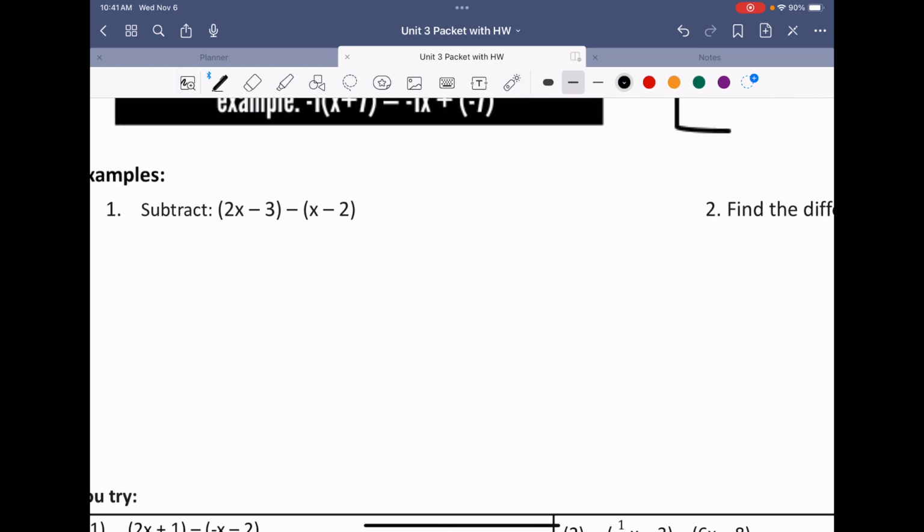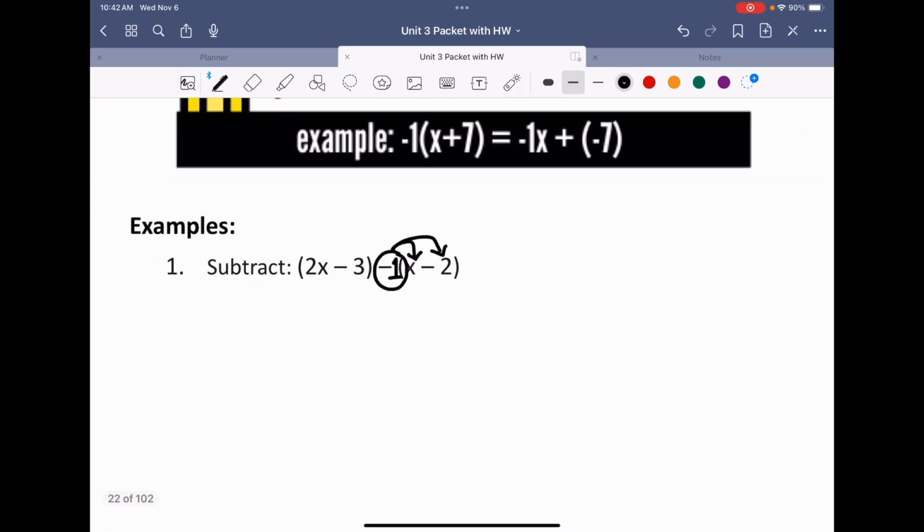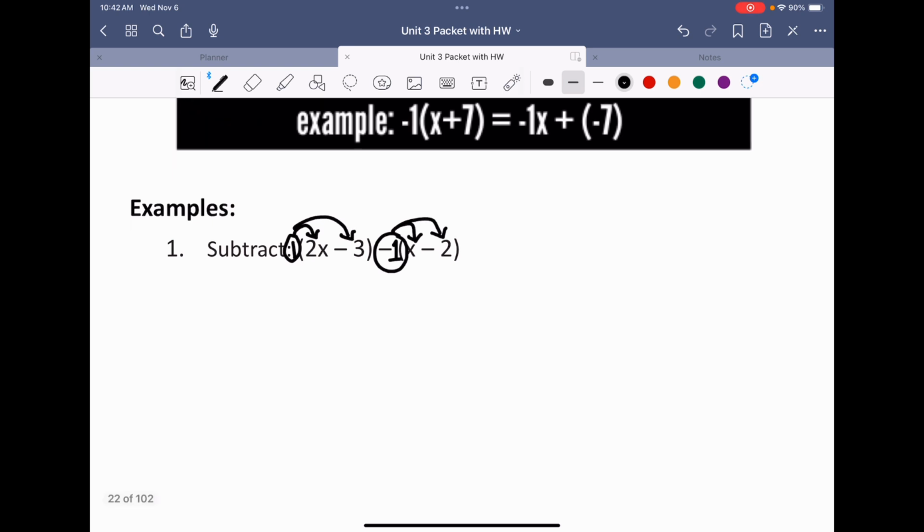So I'm going to take my pencil and I'm going to write in a 1 right next to this parenthesis. So -1 is sitting out in front of my parenthesis, which means I have to distribute, because technically I'm distributing, that's what's removing my parentheses. Remember, there's a 1 in front of this parenthesis, but when I distribute a +1, it's not going to change anything, so I don't really have to worry about it.